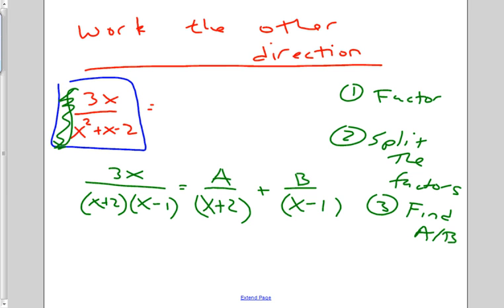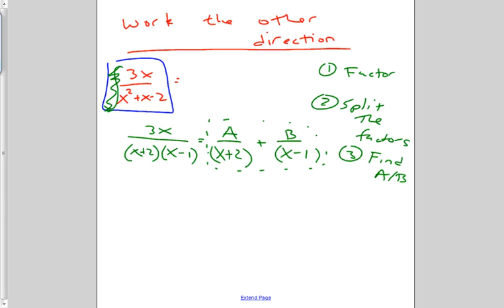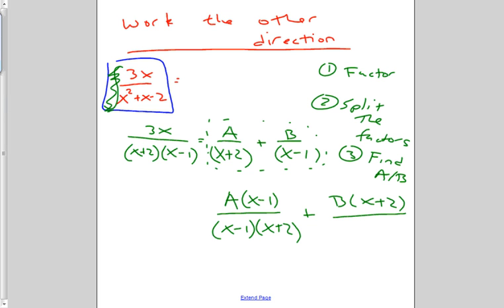Well, we're going to find A and B by adding this together. So we know that we have A times x minus 1 over x minus 1, x plus 2, plus B times x plus 2 over x minus 1, x plus 2.